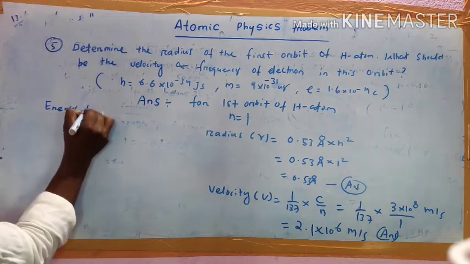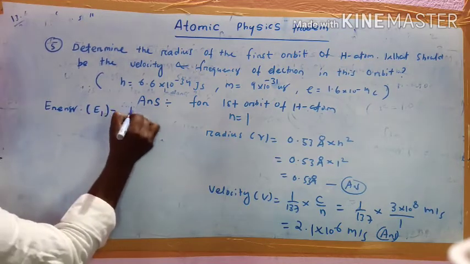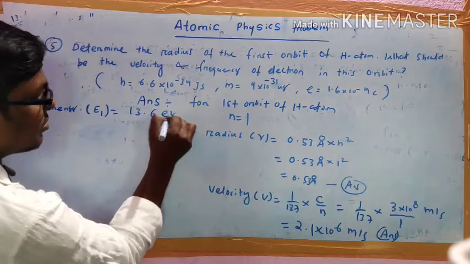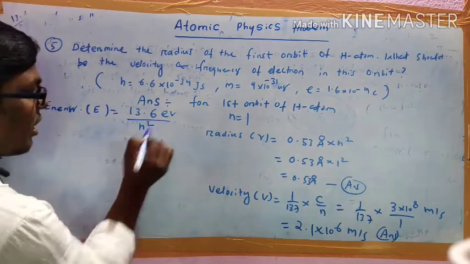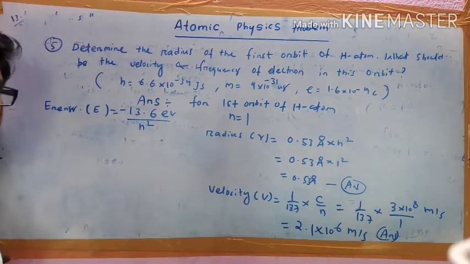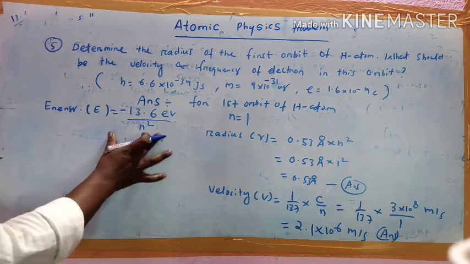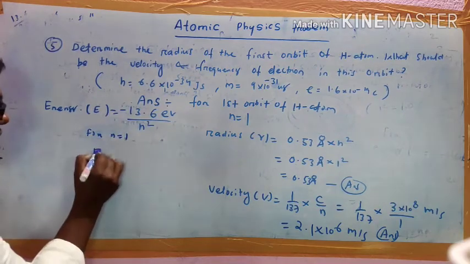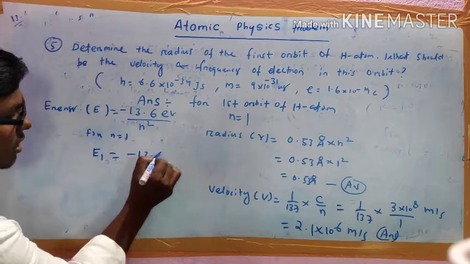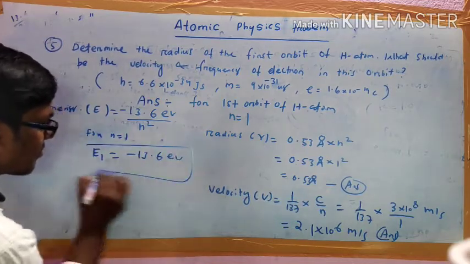Energy E1 is equal to 13.6 eV by n square. Here is the negative sign. Clear? For n is equal to 1, E1 is equal to minus 13.6 eV.